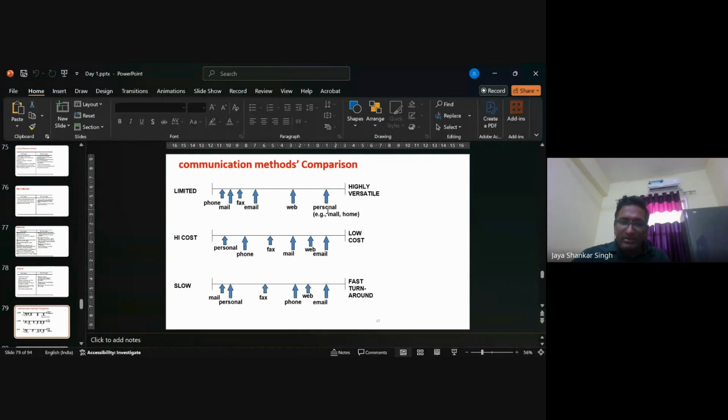But personal interview is very costly, highly versatile, very costly, and slow also. Mail is slower than personal because we know how mail works, right? Mail is the telegram they are talking about, not email. Email is obviously the fastest way. That is what they are showing in this slide.